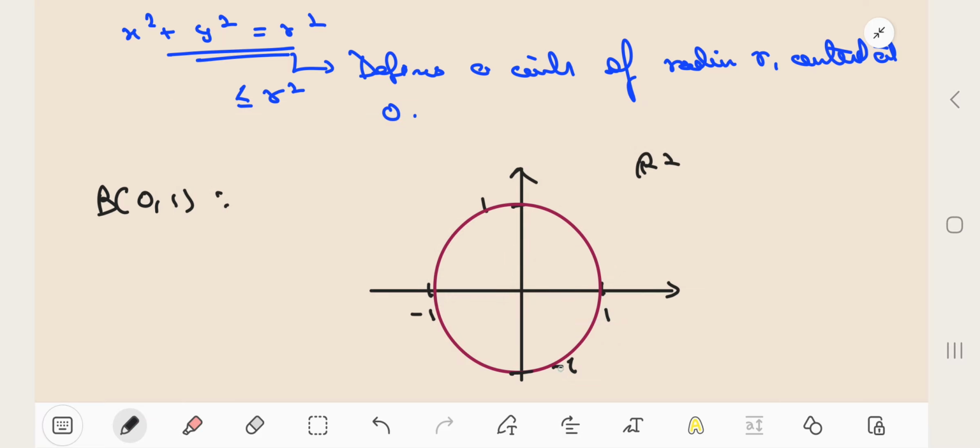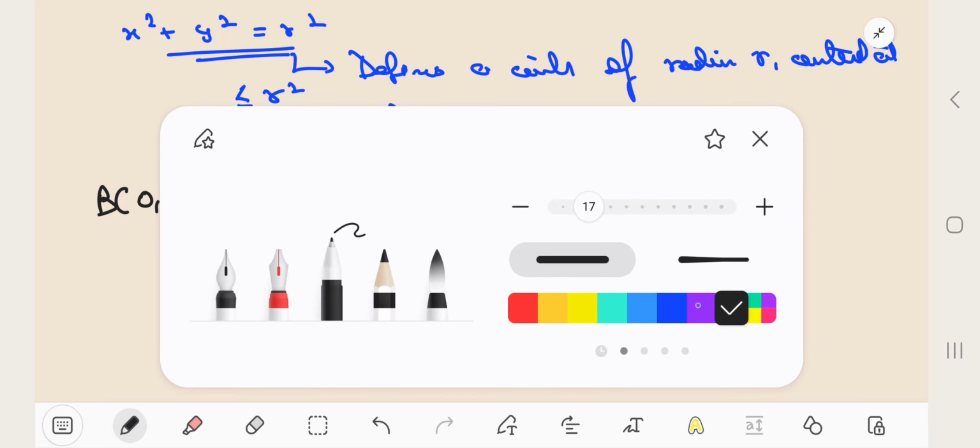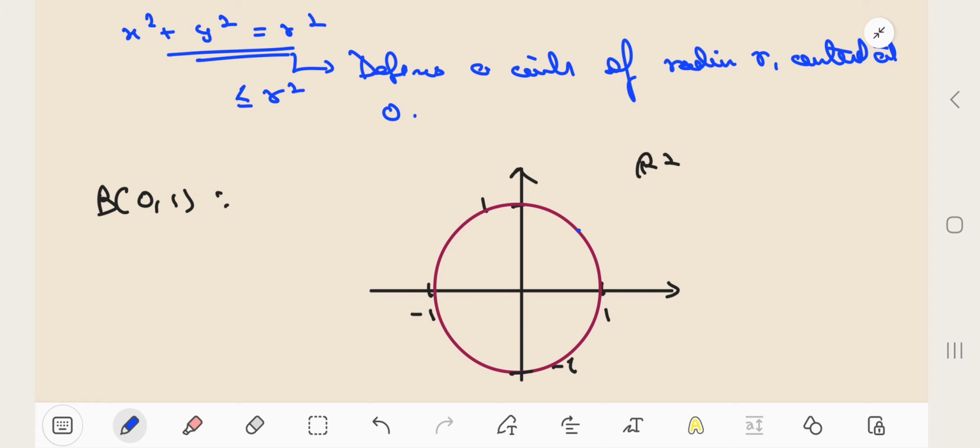Now if I choose any point on this circle, then the distance from the origin of this point will be exactly 1. I don't want points which have distance exactly 1 from the origin, but I want those points which have distance less than 1. So it will constitute the whole of this inside, but not the boundary.